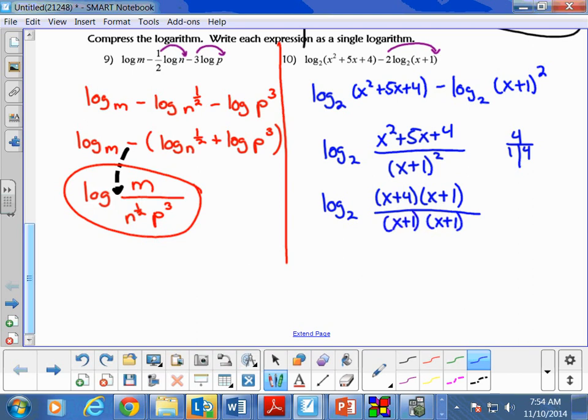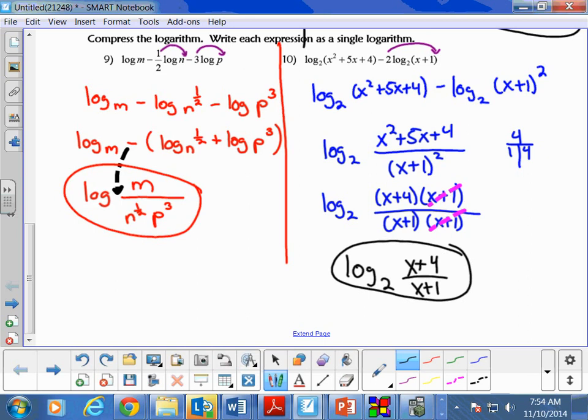Now if you notice, those two end up canceling out, which means that my final answer is log base 2 of x plus 4 all over x plus 1. And that is the simplified form of my compressed expression.